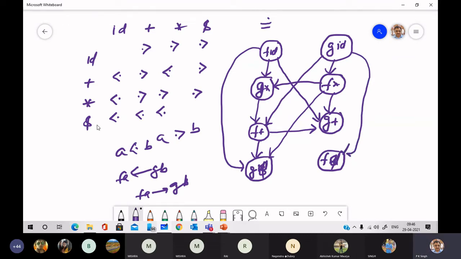F asterisk from G plus, this, and F asterisk from G asterisk, this. This is the graph. We have to construct this graph.